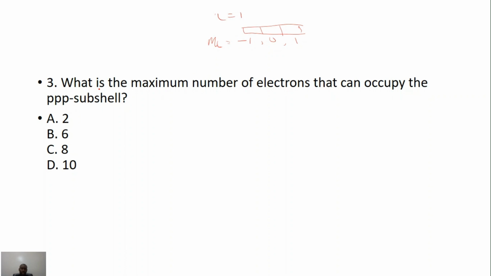We know each orbital can be occupied by two electrons, each of them spinning in opposite direction with value of plus 1 over 2 or minus 1 over 2. So only 6 electrons can occupy the p subshell. This is the correct answer.